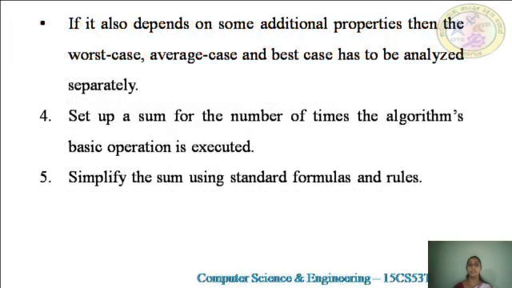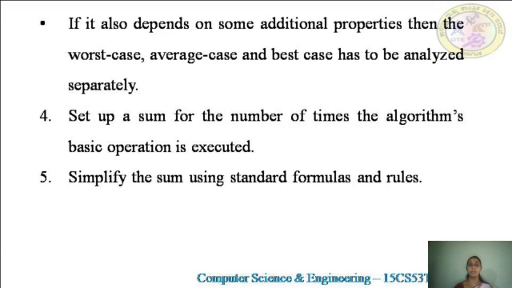If the basic operation execution does not depend only on the input size but on some additional properties, then the worst case, average case and best case have to be analyzed separately.